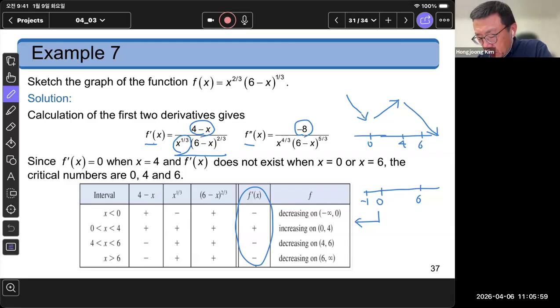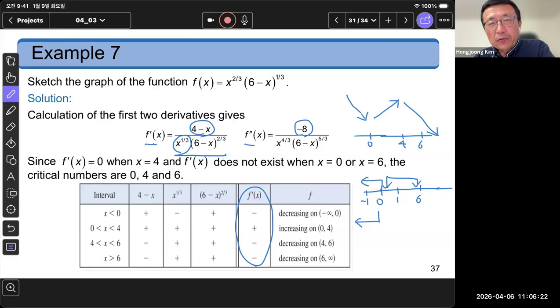And between 0 and 6, please choose any value. Say 1, you evaluate your f double prime there. And to the right of 6, choose any value there and evaluate f double prime.